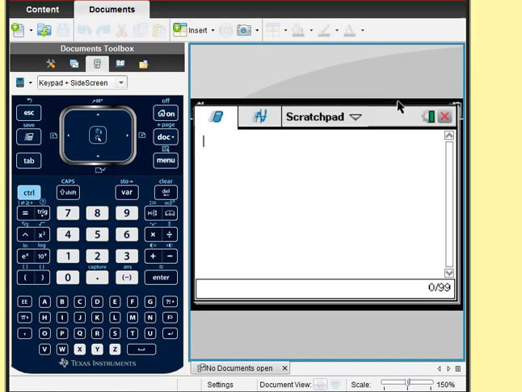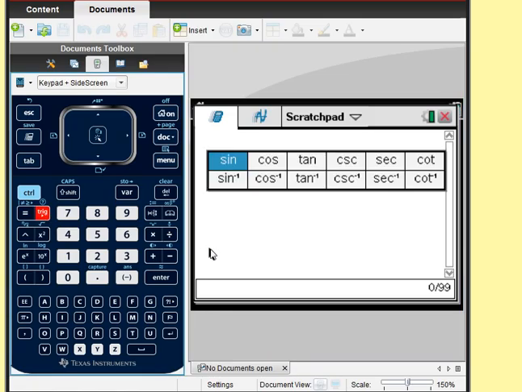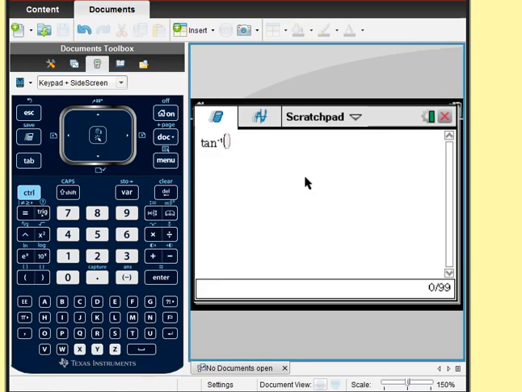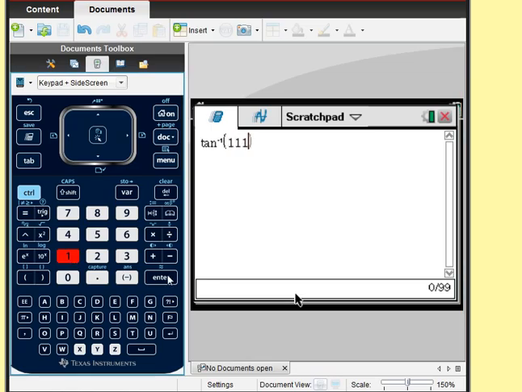Now I need to pull up a calculator that's got my identities on it. Since I'm trying to find the angle, I have to use the inverse tangent function. So we just say 11 divided by 7 equals 57.52 degrees.